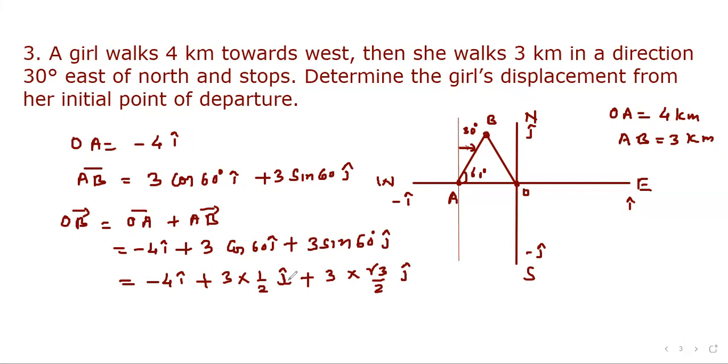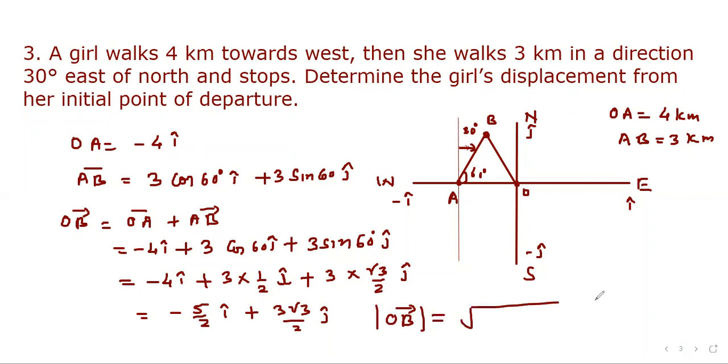Now if we simplify, it will become minus 5 by 2 i cap plus 3 root 3 by 2 j cap. So magnitude of OB can be found by putting values. So 25 by 4 plus 9 into 3 divided by 4. So this will come out to be root 30.